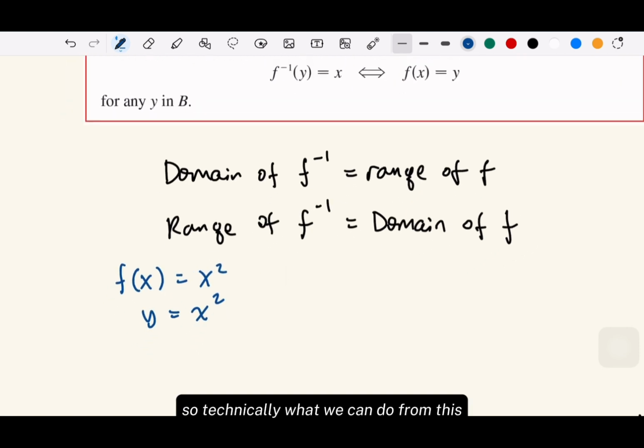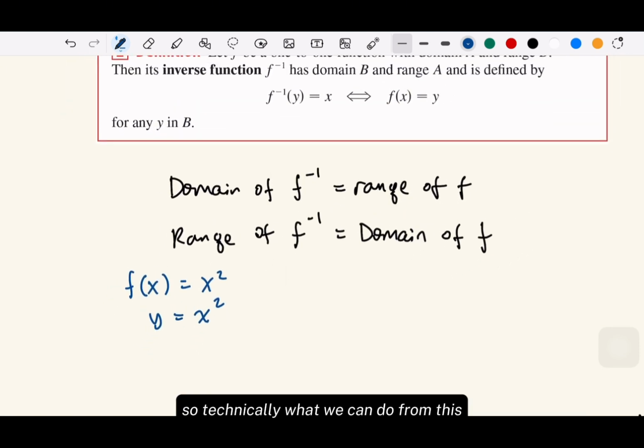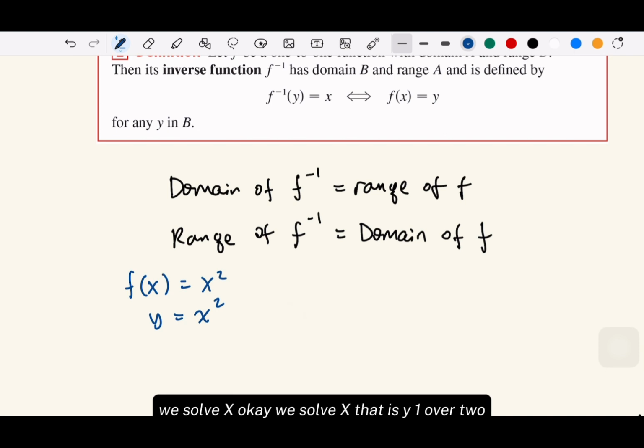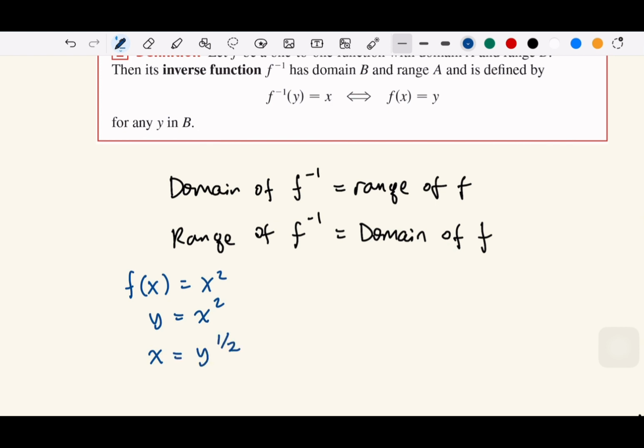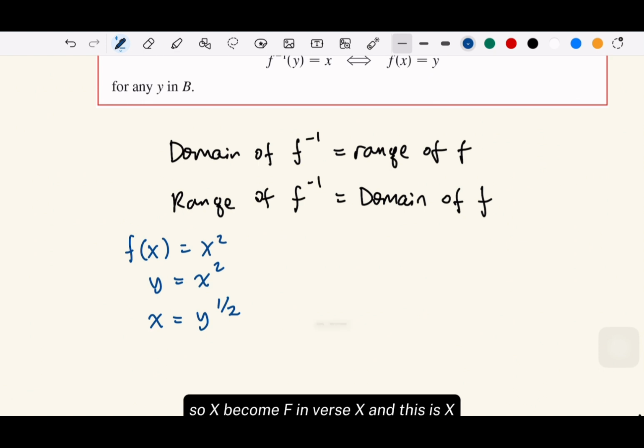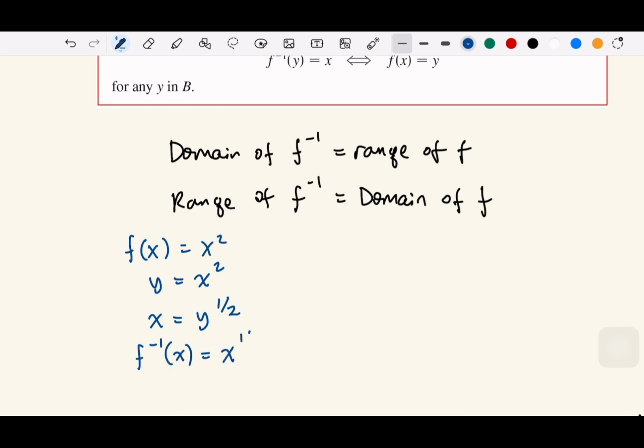Technically, if you want to find the inverse, we solve for x, that is y to the power of one half. And then exchange y with x. So f inverse of x will be x to the power of half.